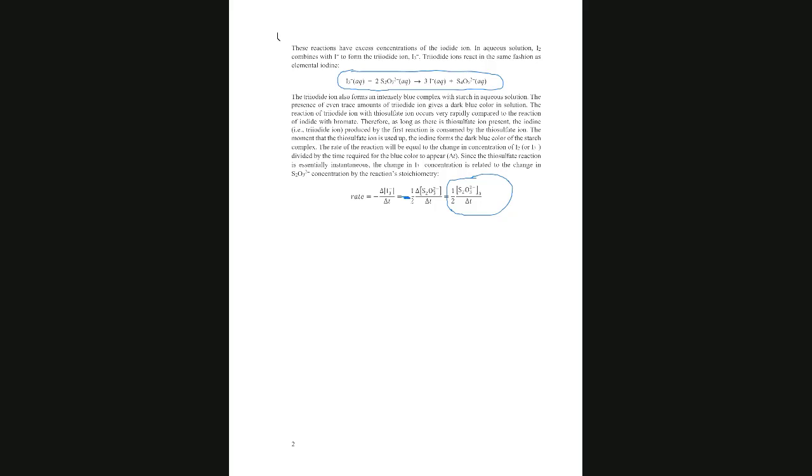If you don't remember the whole thing, just know how to calculate the initial rate. How? Using this equation: half of the initial concentration of thiosulfate divided by the time that is going to be given. Okay, so this is how we are going to calculate the rate.